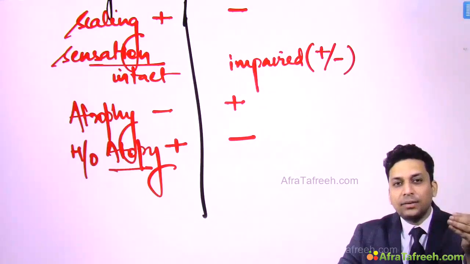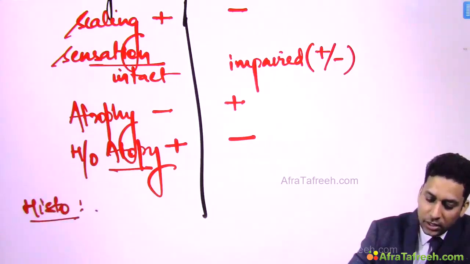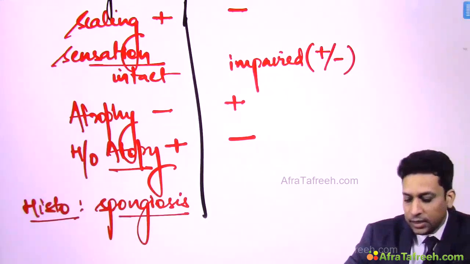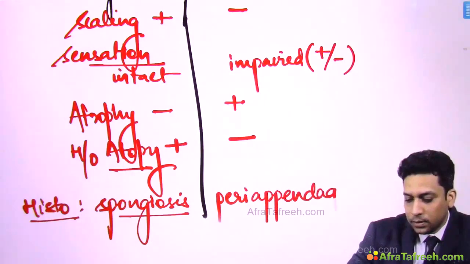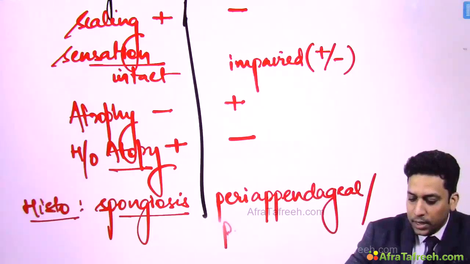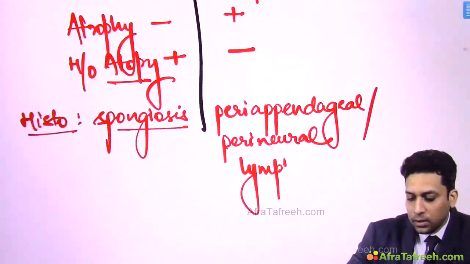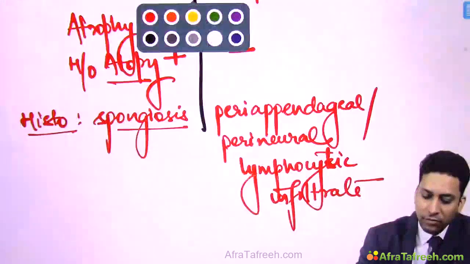But still, if you are unable to differentiate, you can do histology. When you do histology, here you will get spongiosis, while here you will get periappendageal, perineural lymphocytic infiltrate.